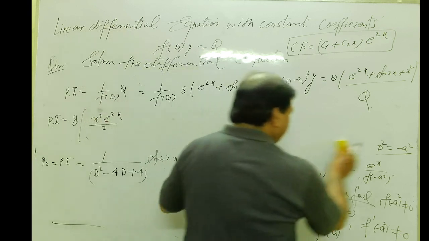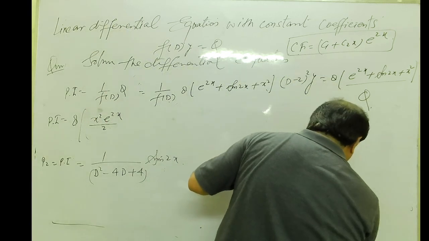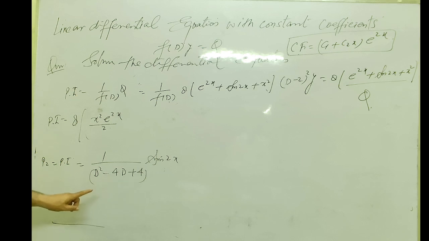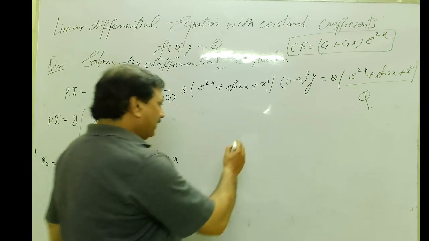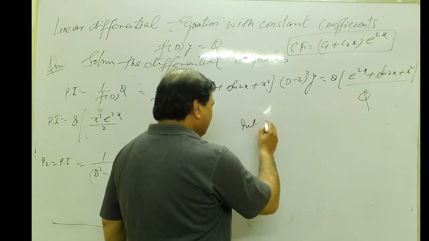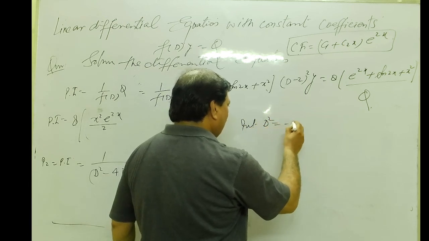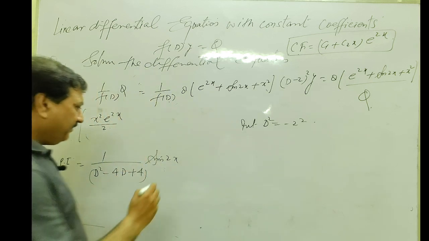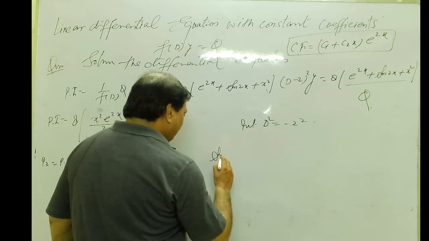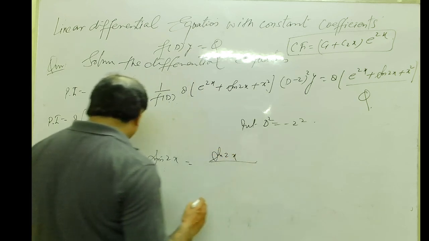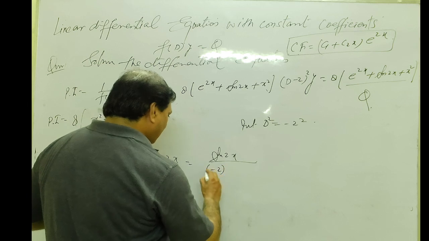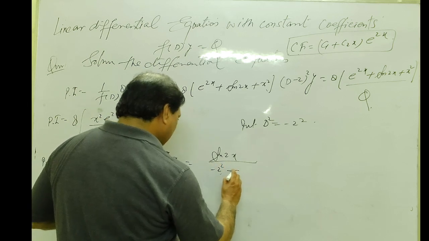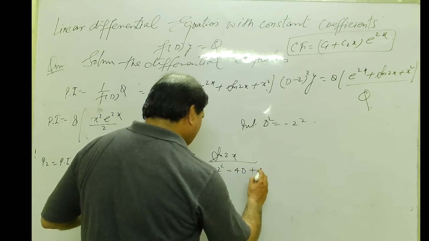Next, this is the theory. Now apply it here: put D² equal to minus a², that is, in this case put D² equal to minus 2², only D², not D. That means sine 2x divided by minus 2² minus 4D plus 4.